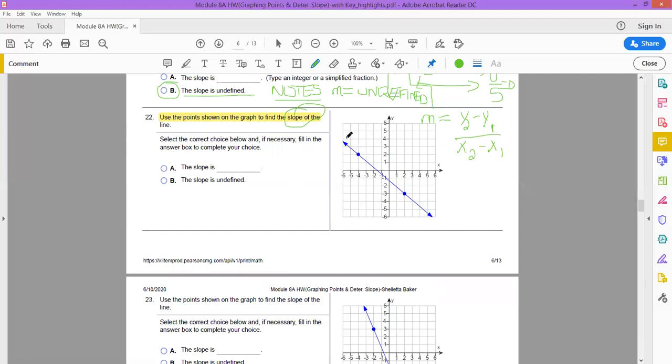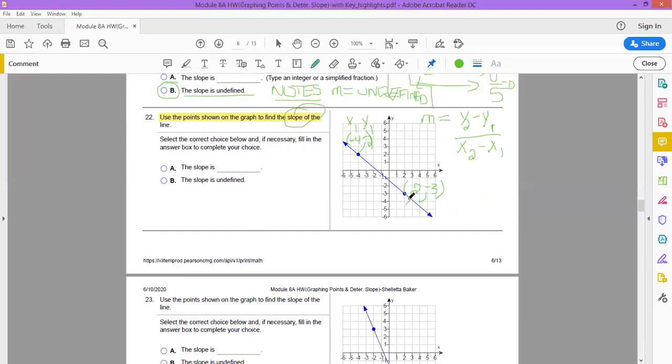Now our ordered pairs for the first point up here in the second quadrant is -4 on the x-axis and 2 on the y-axis. So -4, 2. Let's just go ahead and make this our x sub 1 and y sub 1. For the second point, we're at 2 on the x-axis, and we're down at -3 on the y-axis.